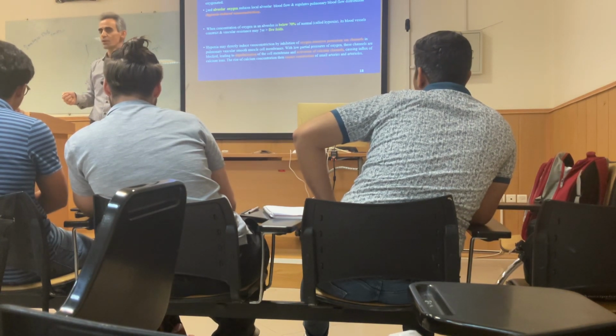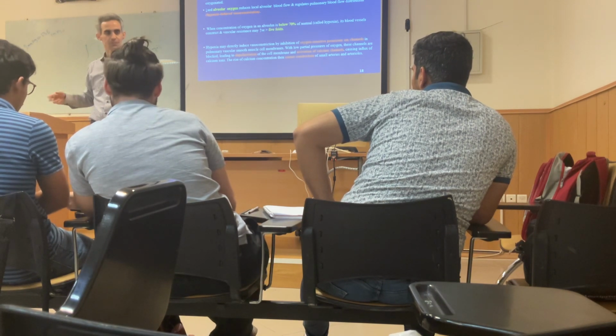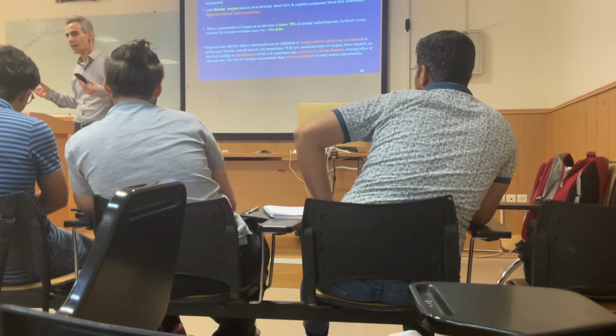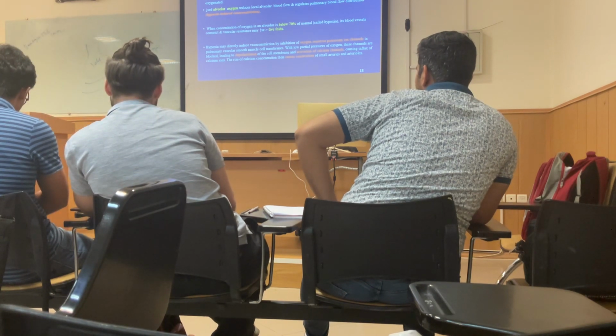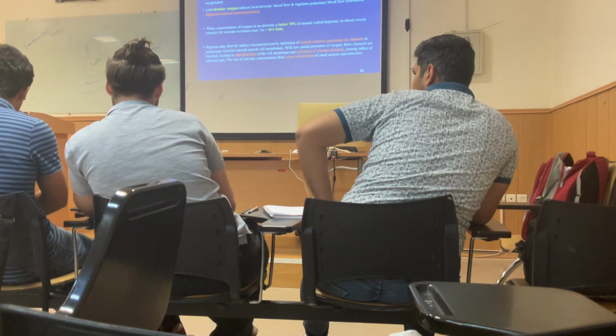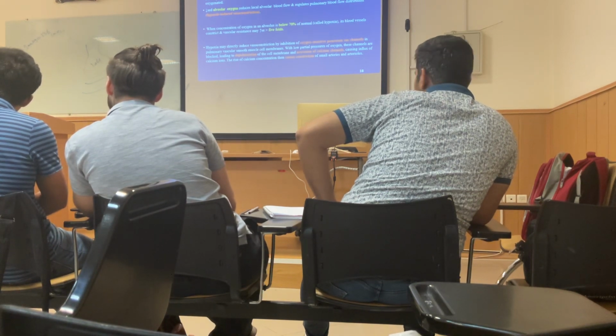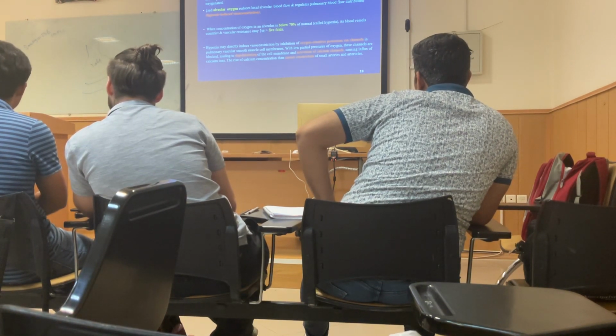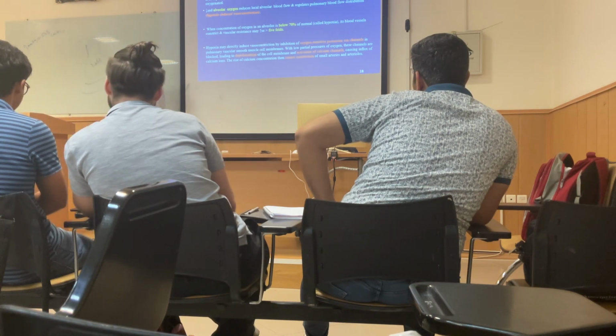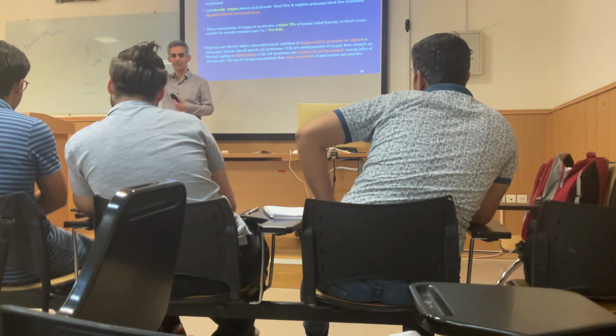You know that inside of the circulation we have two types of agents that affect the diameter of the vessel: vasoconstrictor and vasodilator. By this hypoxia, the amount of vasoconstrictor increases and increases.